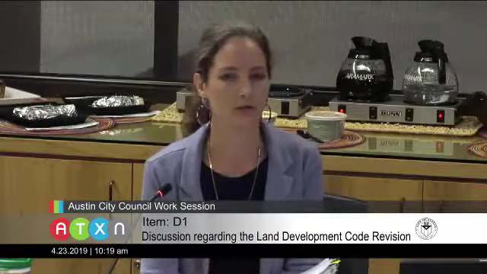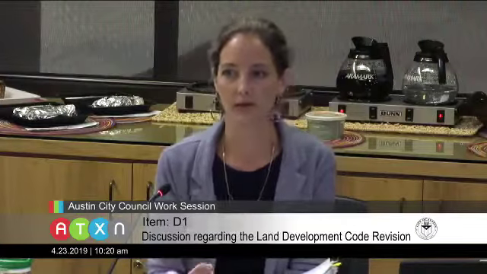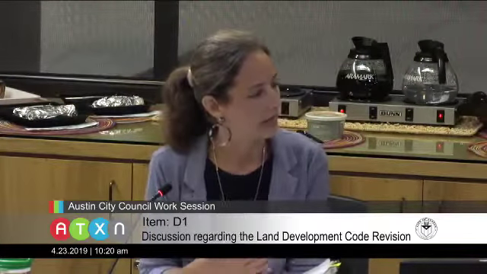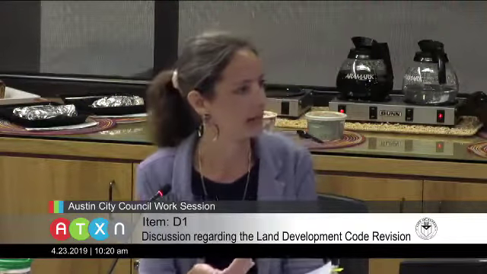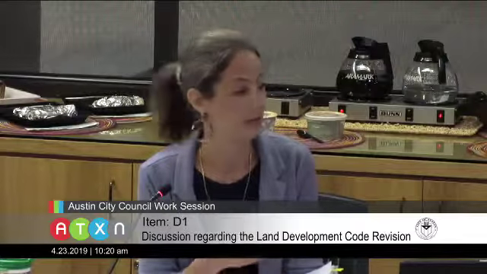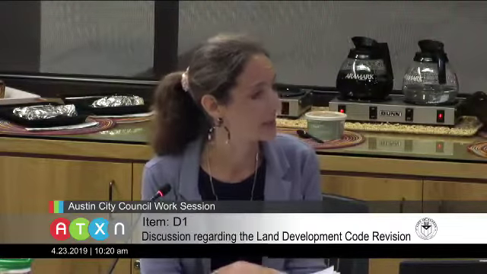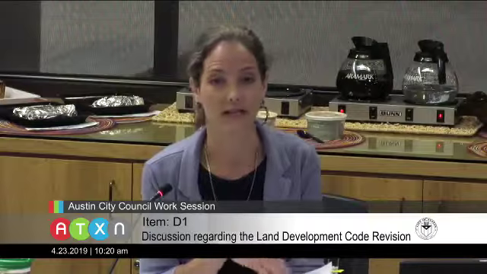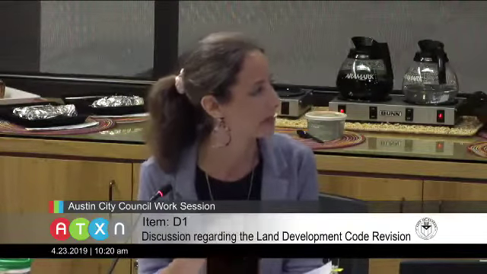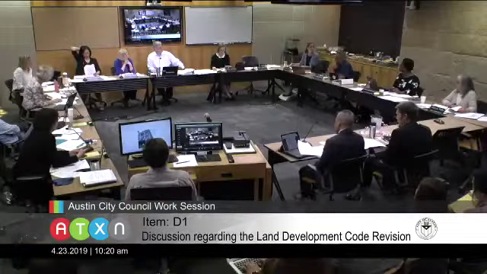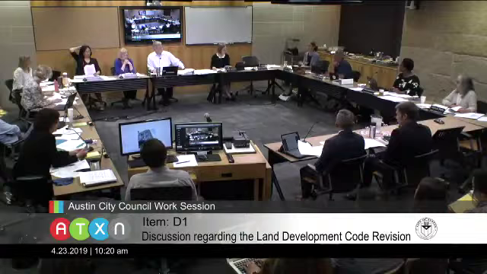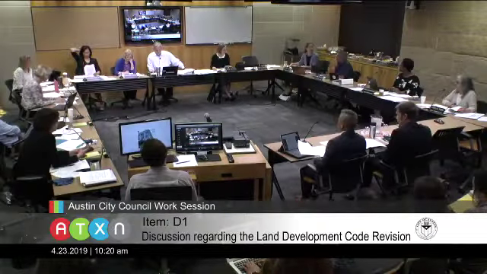If you have a small-scale grocery store, I think that's a very beneficial use. If you have a nightclub, that has to really be managed in a way that is going to be sustainable, both for that business and for the residential areas. And I think we all see this in our district, but I see it all the time. So the use does matter, not just the size and scale of the building. But it could be that we're all in violent agreement on that. I don't really understand if this is a change.